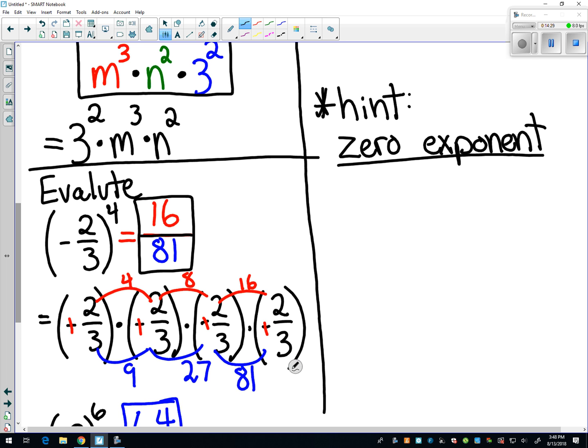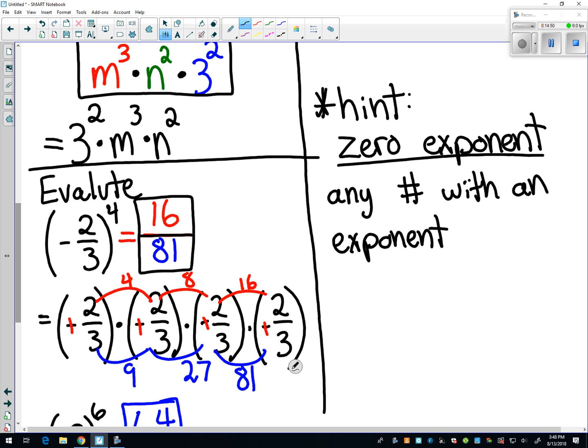For an exponent of 0, we'll say any number with an exponent of 0 equals 1. Now, it's an oversimplification.